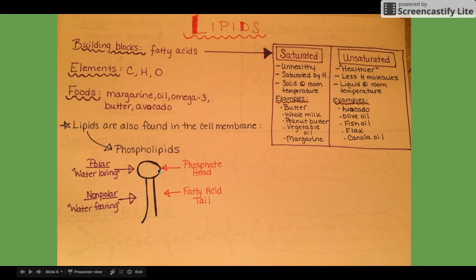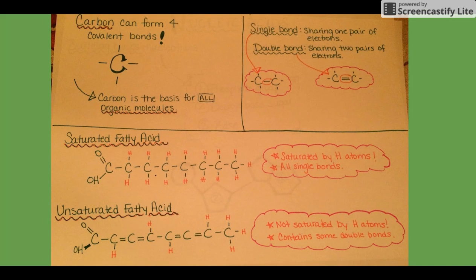And so this polar head is going to be water loving, while this nonpolar tail is going to be water fearing. And we'll talk more about this when we get to cells. For now, that's kind of the general thing you need to know about phospholipids.